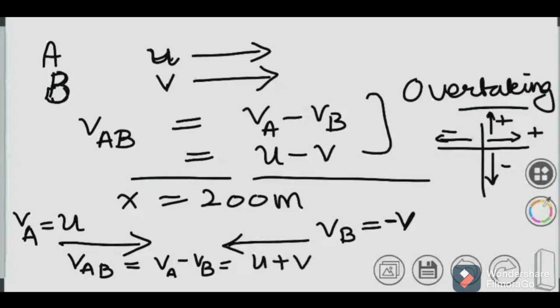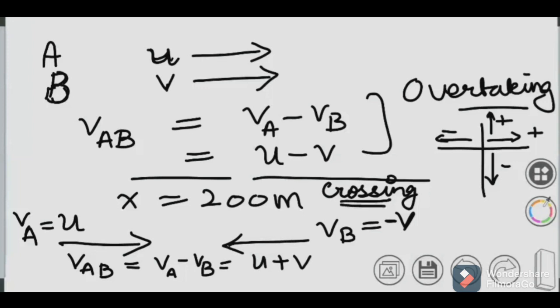So when two trains are crossing each other, or they are coming from the opposite direction, their relative velocity becomes u plus v. Okay, so this will help you solve the question. Now let us look at the question again. I'll just read it out again.